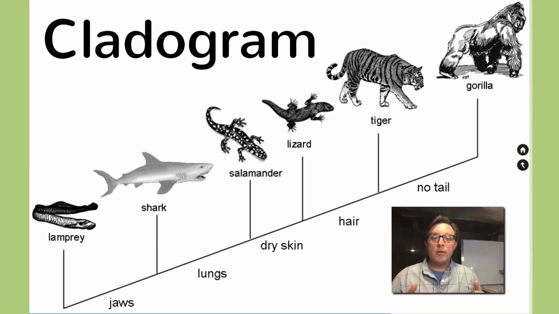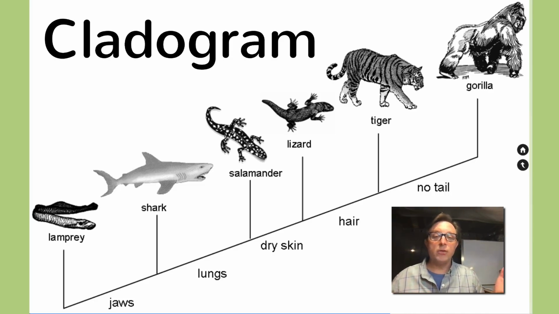One is called a cladogram. This shows a relationship with a few characteristics along the bottom, and any organism that is past that trait is going to display it.